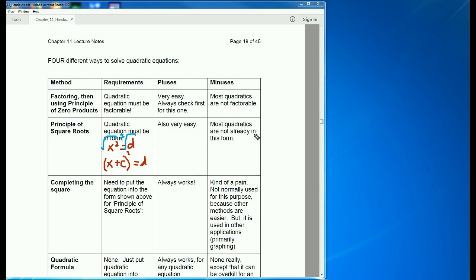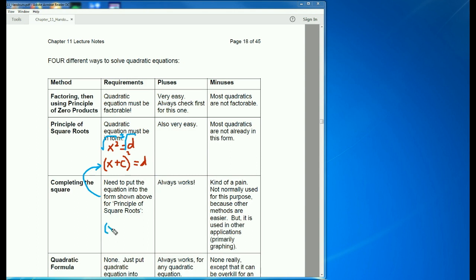That's where you get the 2 solutions. So it's easy. Usually quadratics don't just happen to be in that form. Okay? Completing the square, you need to put your equation into this form.